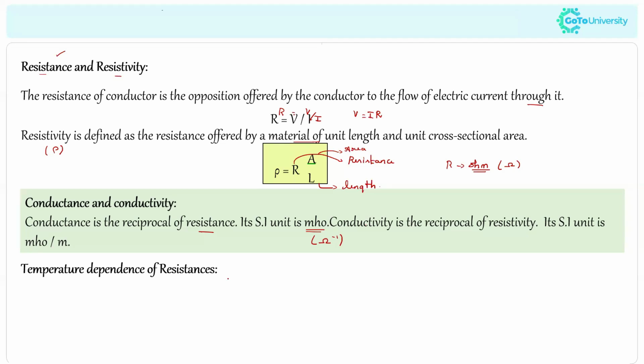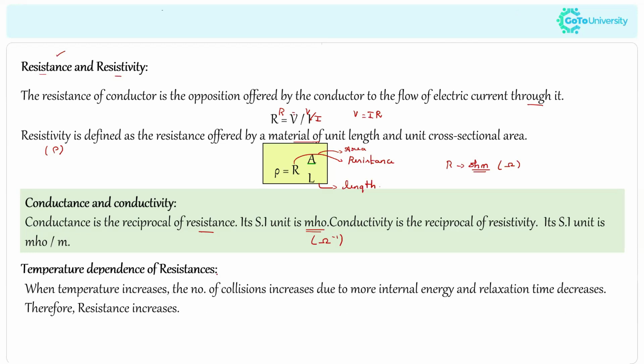we are moving to the temperature dependence of resistance. So here the resistance and the temperature are related. When the temperature is increasing, the number of collisions increases due to more internal energy and a change in the relaxation time. Because of that, we can say the resistance will also increase, or else we can say the temperature and resistance are directly proportional.